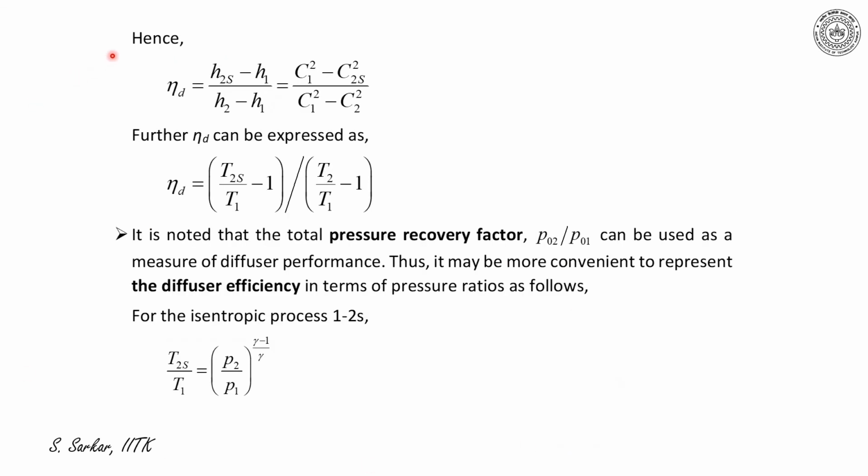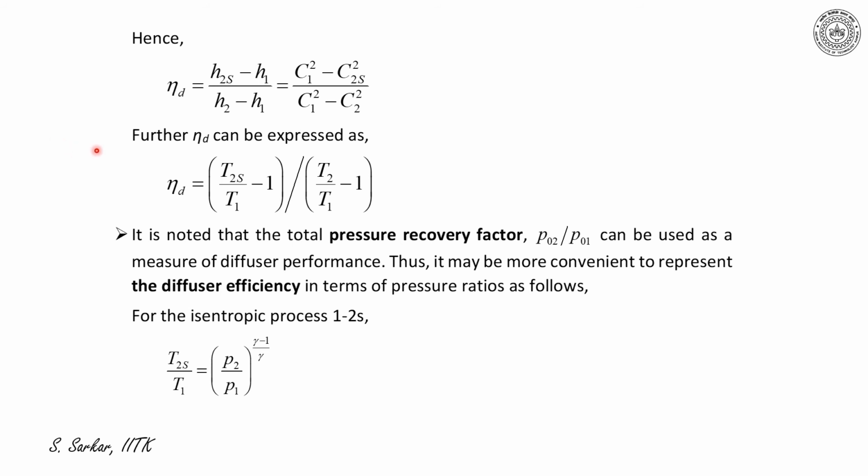Hence, the diffuser efficiency eta D can be stated as H2s minus H1 divided by H2 minus H1, that is, isentropic enthalpy rise divided by actual enthalpy rise. This can be stated as C1 square minus C2s square divided by C1 square minus C2 square.